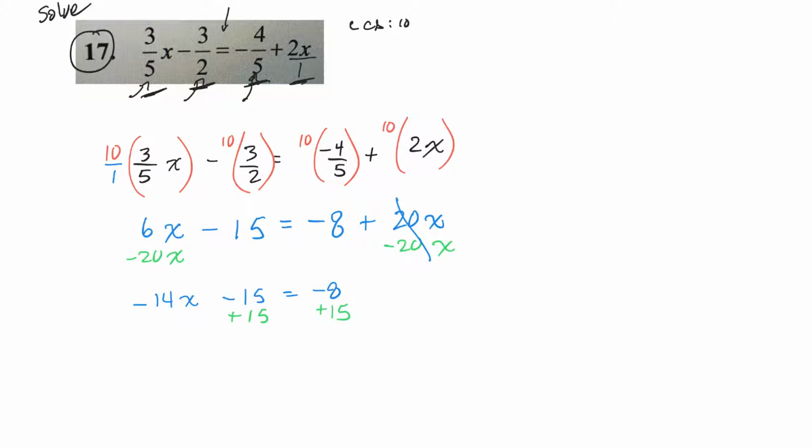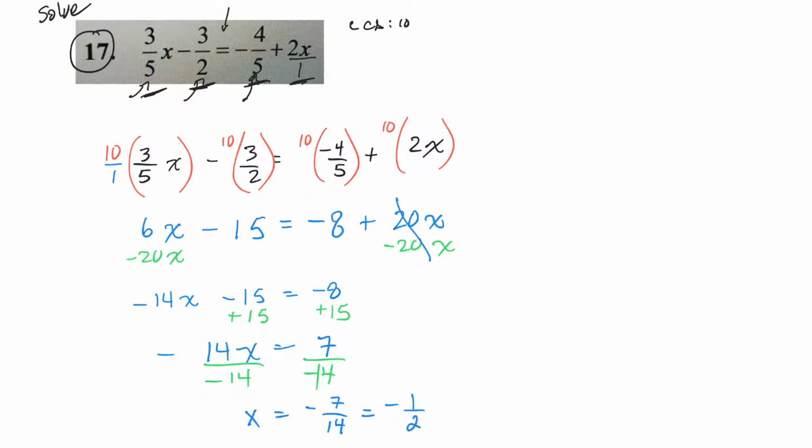So that'll give me negative 14x is equal to negative 8 and 15, I think, is a positive 7. And then we can divide both sides by negative 14. And so finally I'm going to come up with x is equal to a negative 7 over 14, which you can simplify to negative 1/2.